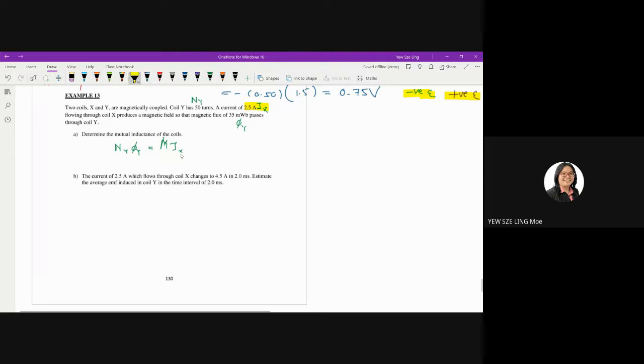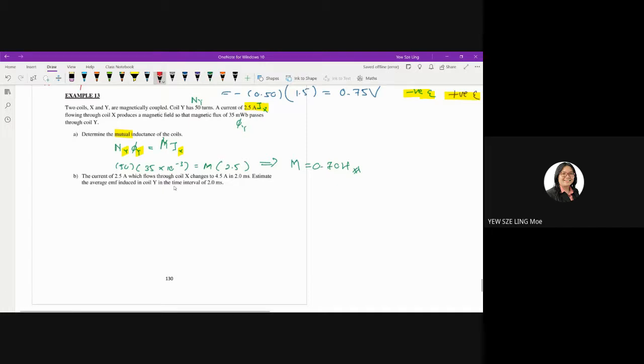You're using the current from coil X, therefore the other information must come from Y, because this is mutual inductance. Plug in the value: 50, 35 milli equals M times 2.5. Rearranging, the mutual inductance is equal to 0.70 Henry.